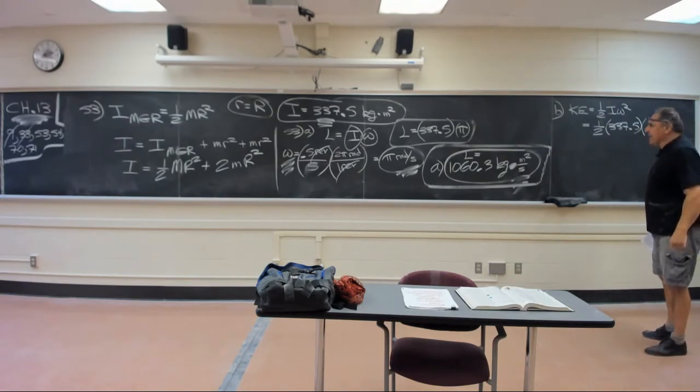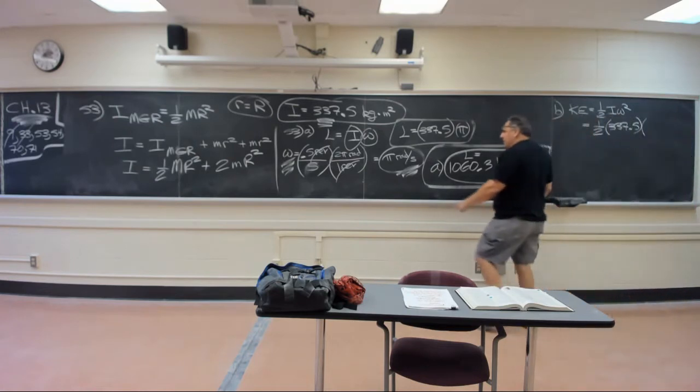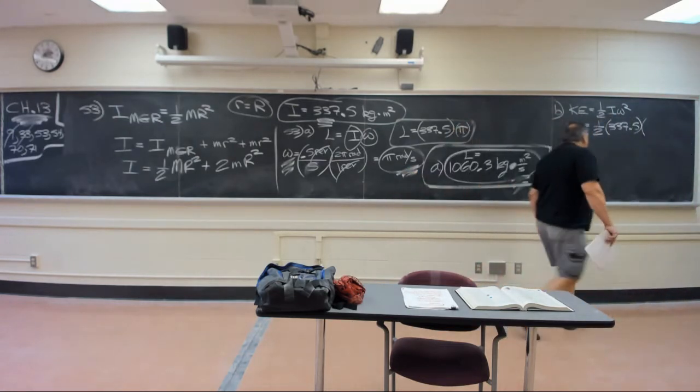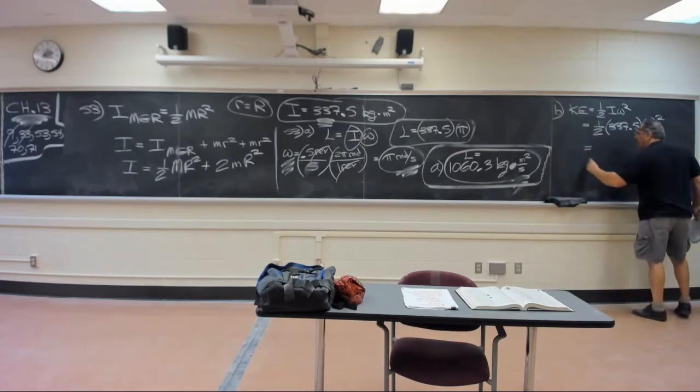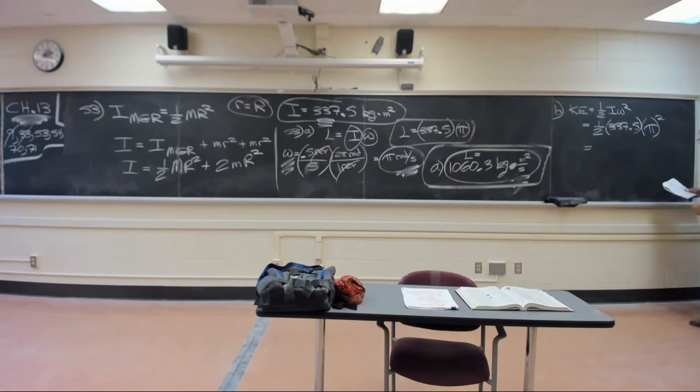What's omega? Omega's pi. So we're going to square pi. Squaring pi is about 10. About half of this is 1670, about 1700 thereabouts. Okay, grind this thing out, guys.